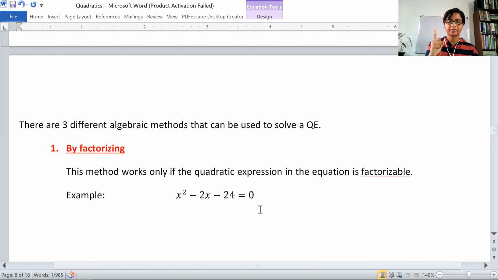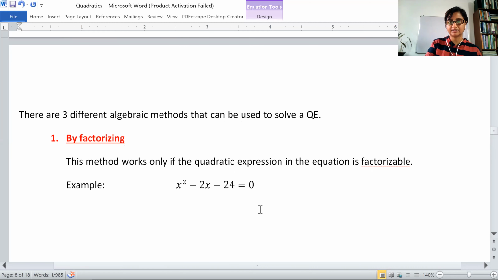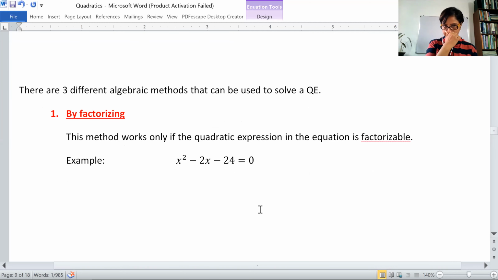Number one, by factorizing, and we will do a couple of examples. So please copy as I read. There are three different algebraic methods that can be used to solve a quadratic equation.